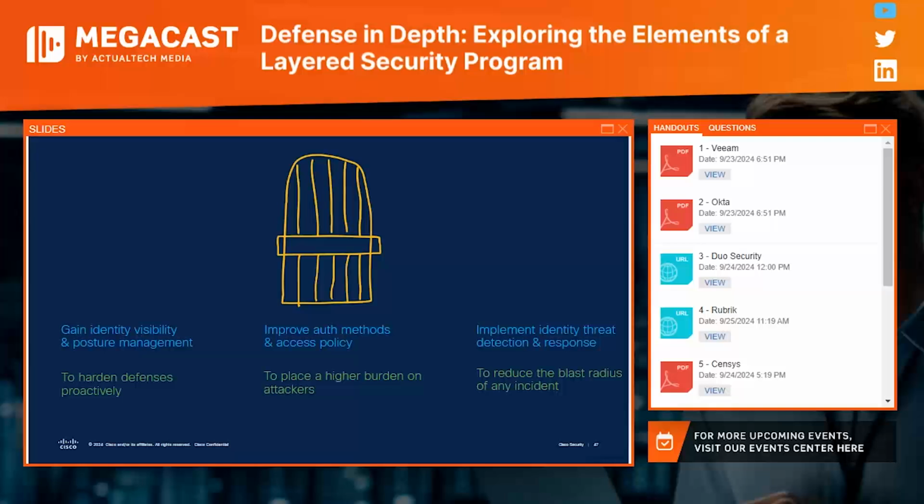This is improving the MFA that's in use in your environment, getting rid of dormant or inactive accounts, cleaning those things up, etc. At the time of auth, improving auth methods and access policy places a higher burden on attackers trying to get in the door. And then post-auth, implementing identity threat detection and response reduces the blast radius of any incident when somebody gets through the door, by detecting it very quickly and responding effectively.